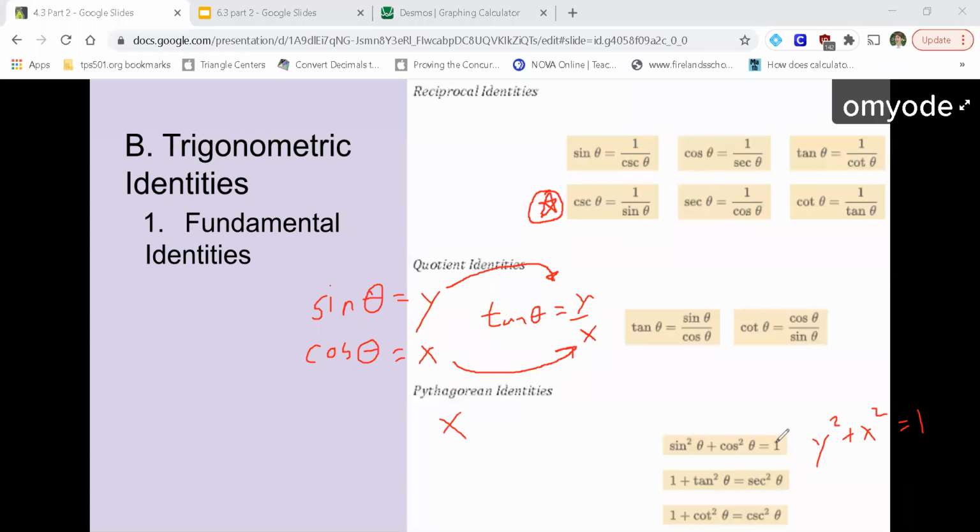But the very first thing we wrote down at the start of this whole unit is that for the unit circle, its formula is x squared plus y squared equals 1. And those are the same thing, right? Y squared plus x squared equals 1 is the same thing as x squared plus y squared equals 1. So this Pythagorean identity follows directly from the unit circle.